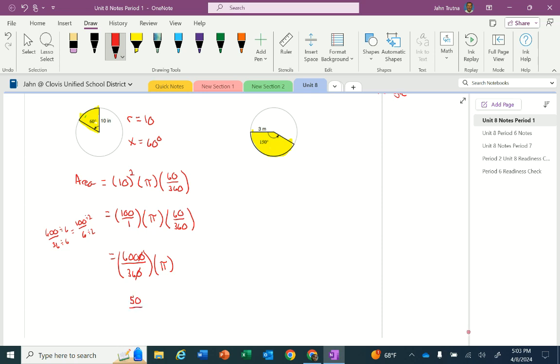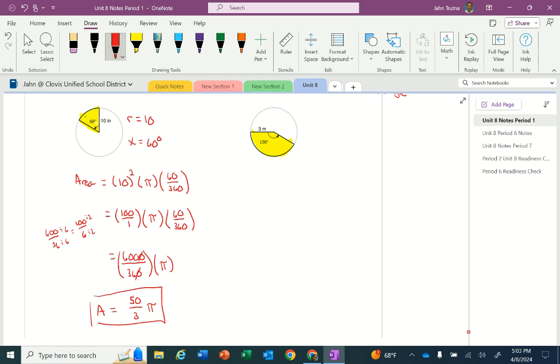So the area of my slice of my circle is 50 over 3 pi. Don't multiply out pi. Just put 50 over 3. Leave pi in your answer. But don't forget the pi, though. If you just say 50 over 3, that would be very incorrect. So it's got to be 50 over 3 and then pi.